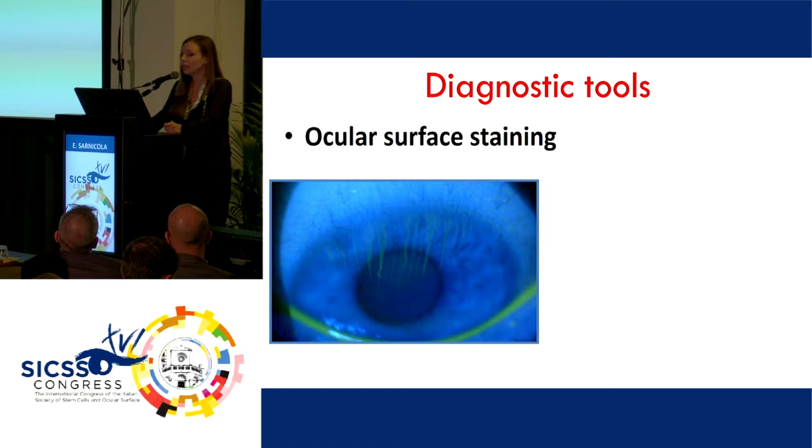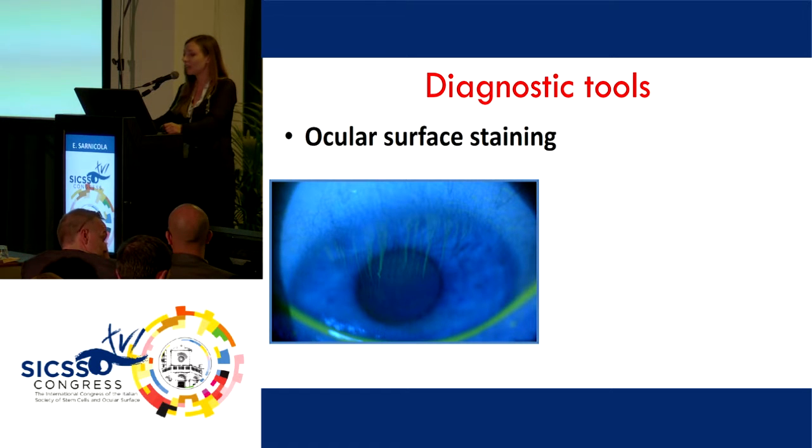If we take a look at these pictures that have already been shown by Lorena, you see that there is a staining at 2 or 3 o'clock up, and this appears late, and this is the sign that there are conjunctival stem cells at the cornea.